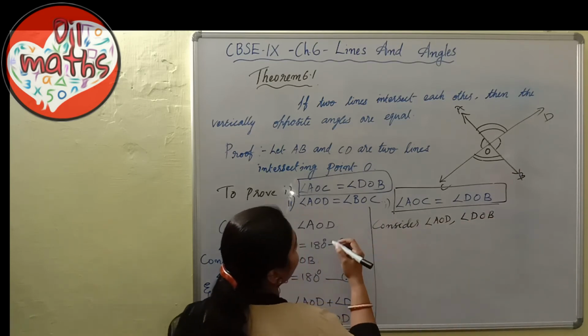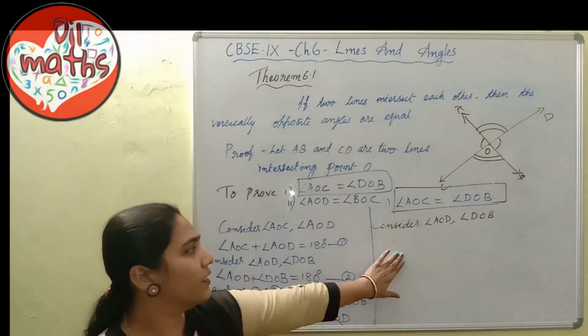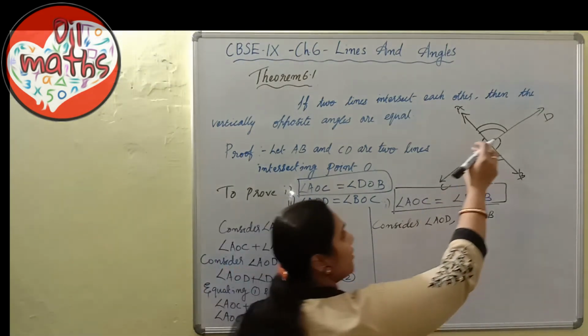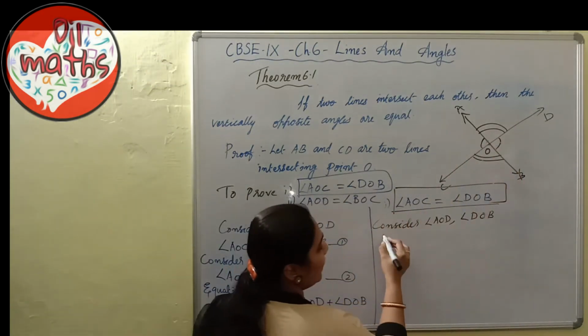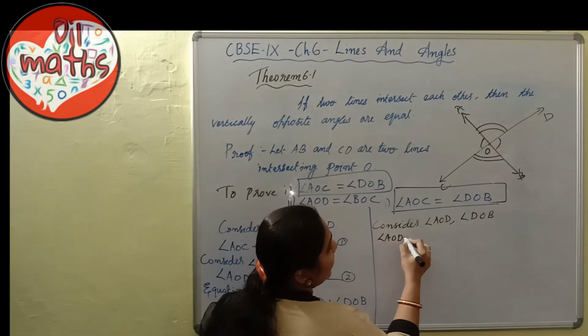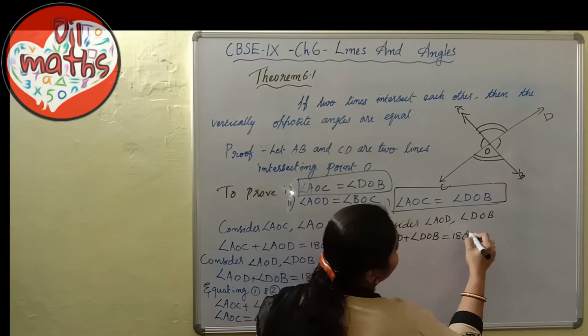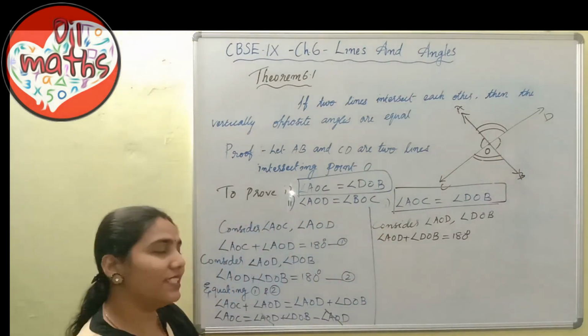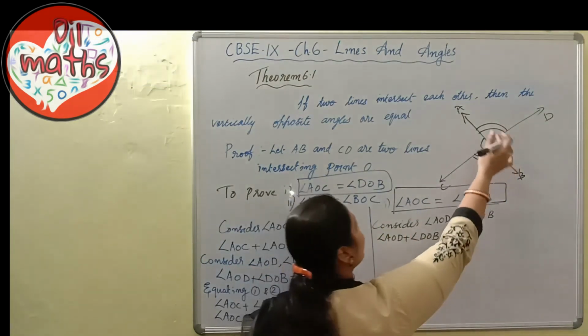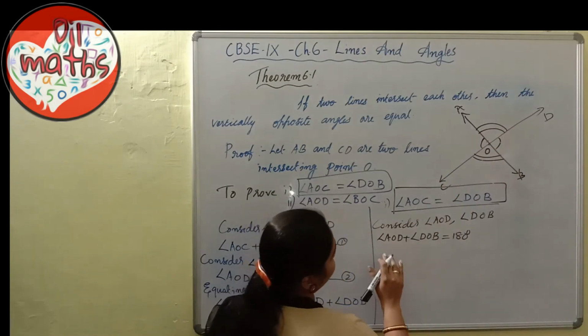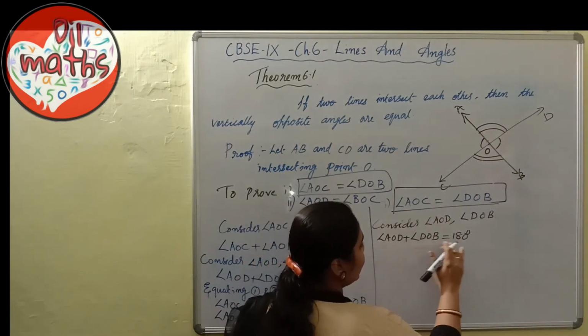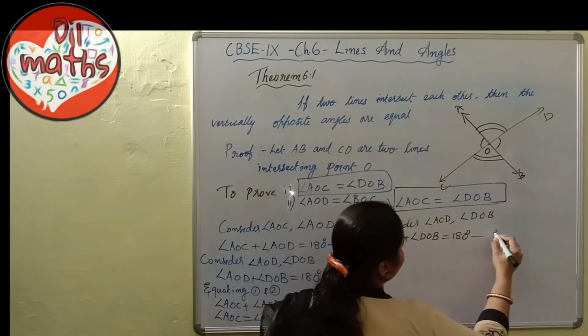From that, the same linear pair axiom, angle AOD plus angle DOB is equal to 180 degrees, because OD is a ray that is standing on the line AB. Therefore, the adjacent angle sum is equal to 180 degrees. This is the third equation.